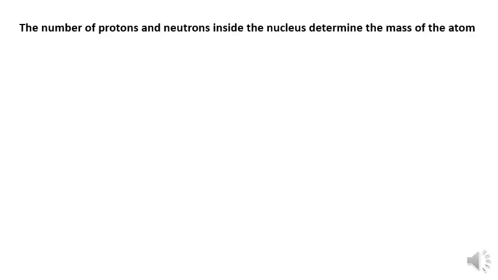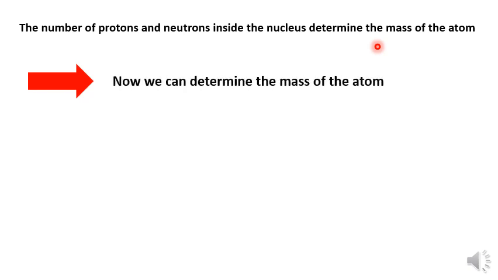Now we have another number we want to study. As we said previously, the number of protons and neutrons inside the nucleus determine the mass of the atom, right? So now we can determine the mass of the atom because we know which particles determine it.